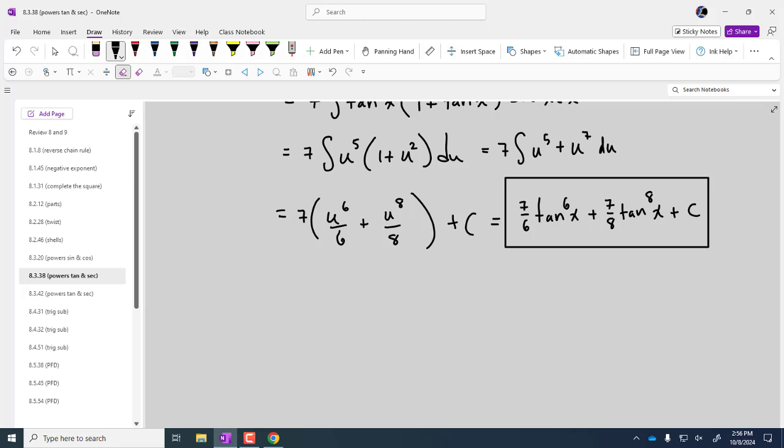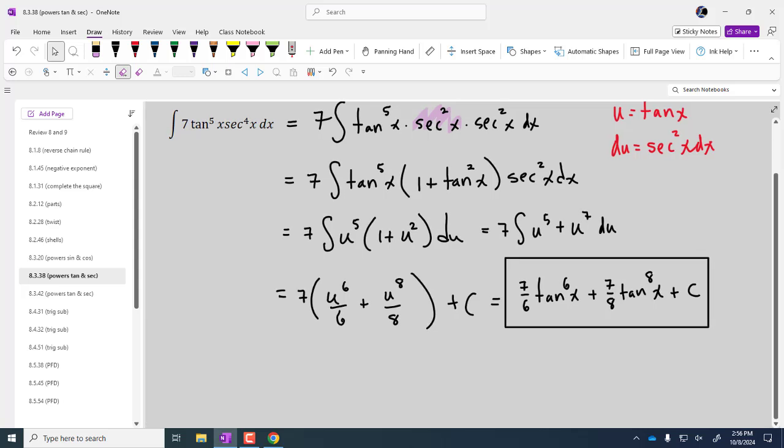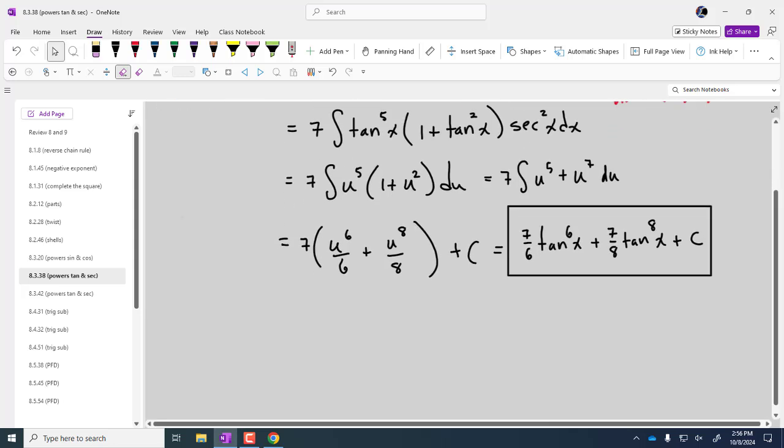Is it possible to let u equal secant of x for this one? Yeah, if we go the other way. So the way we just did it, we focused on this, we pulled off secant squared. If we do it the other way, let's set that up.